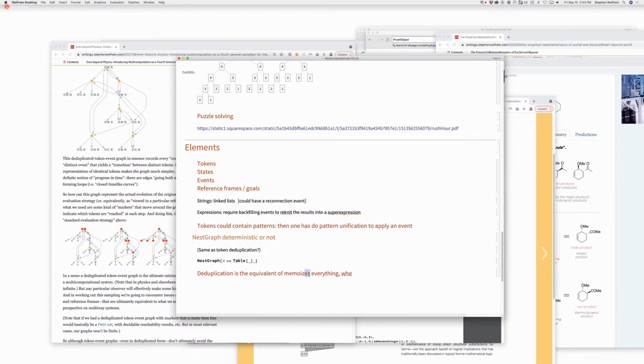It's really a pre-caching of everything, whether or not the thing occurred.